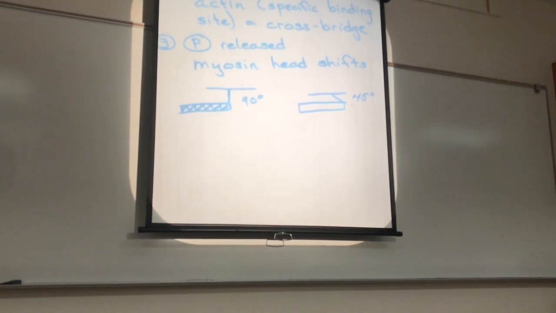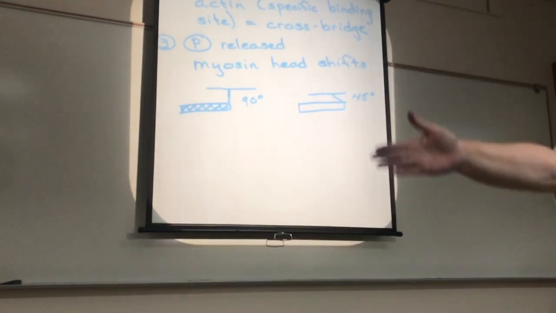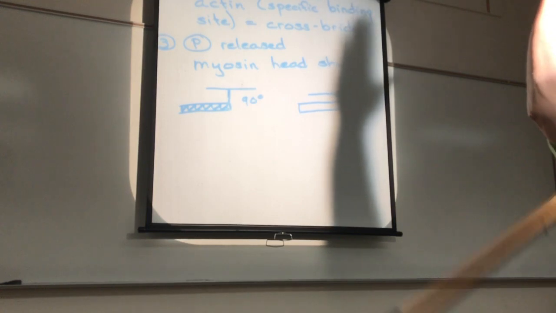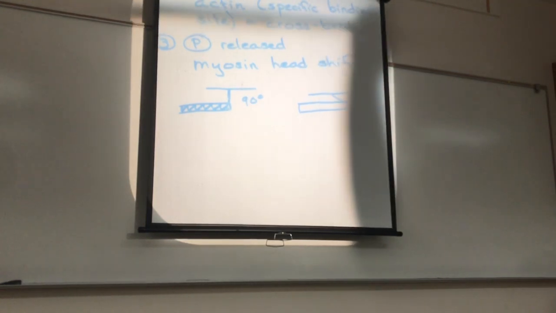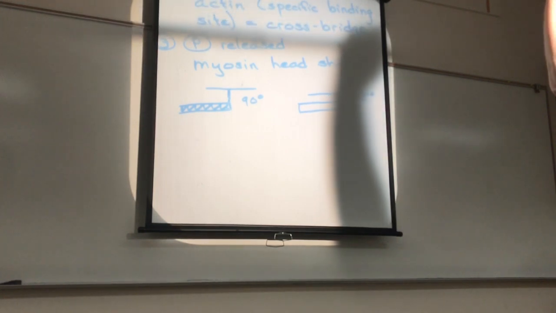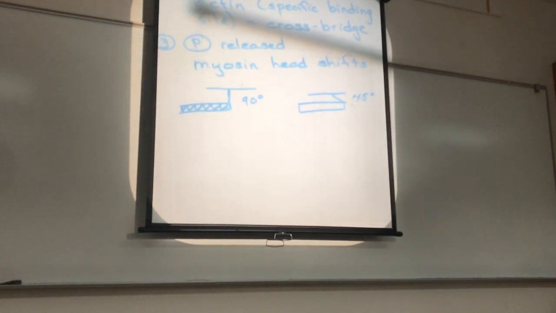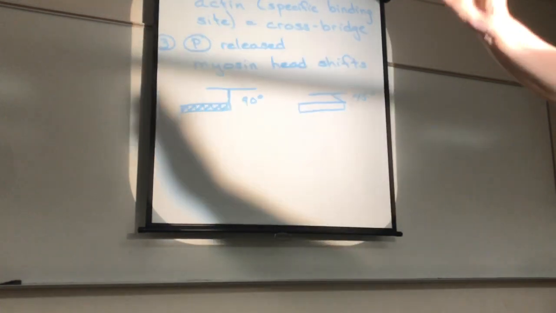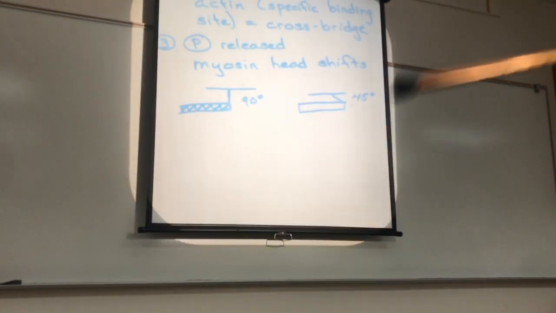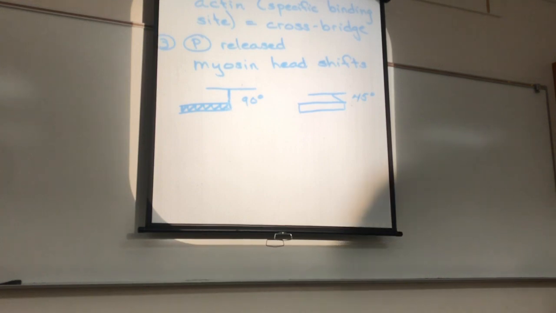So, that's true. Myosin head has lifted up, and it's attached to the actin at a 90-degree angle. When it lets go of the phosphate, it shifts to a 45-degree angle. And you see what happens to the thin filament. It gets pulled across the thick filament.